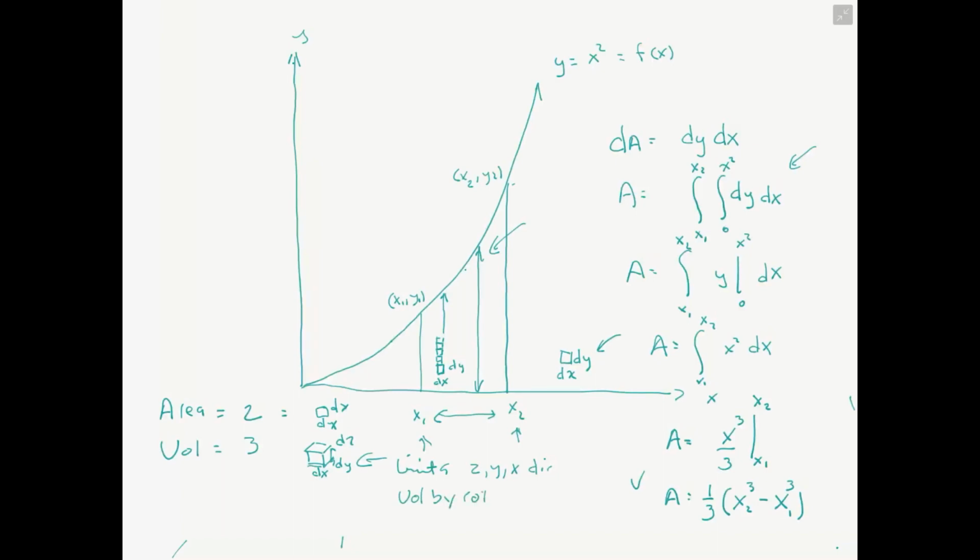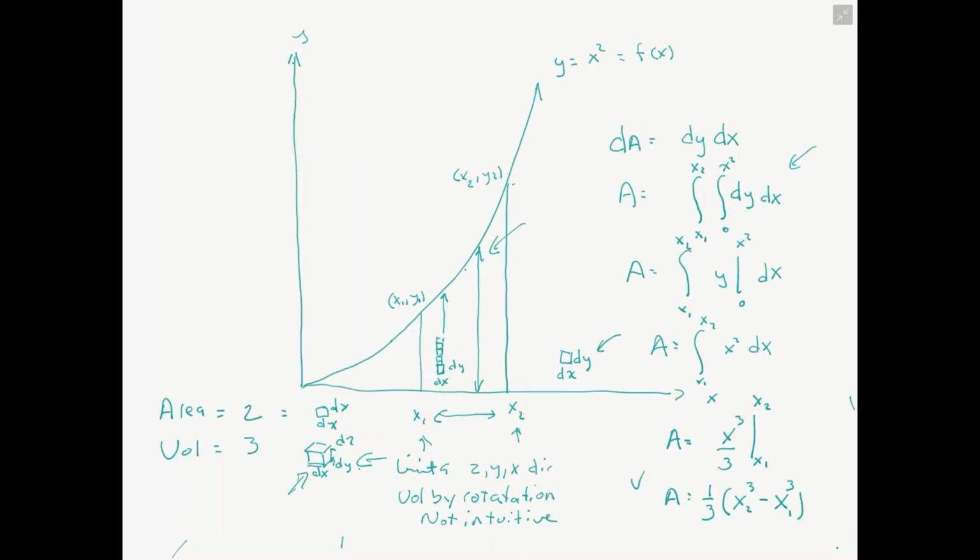Because when you do this volume by rotation, it's not intuitive at all, and it's not easy. It's much easier to take a look at volumes using this approach, the infinitesimal volume.